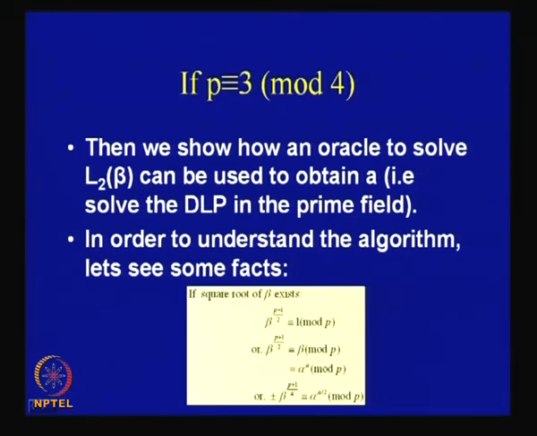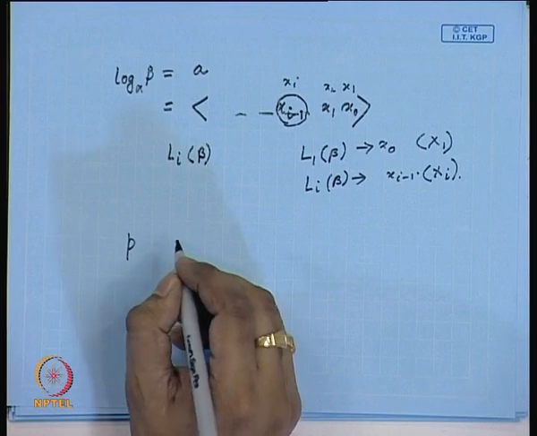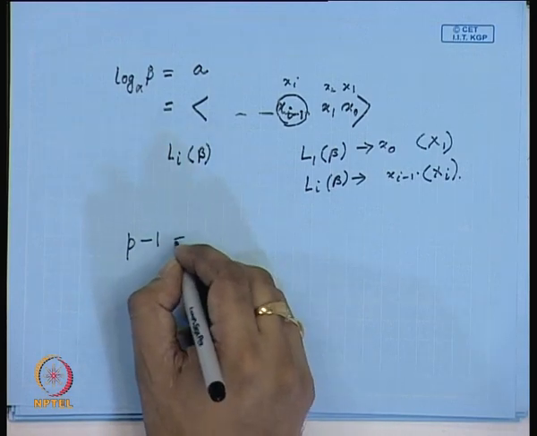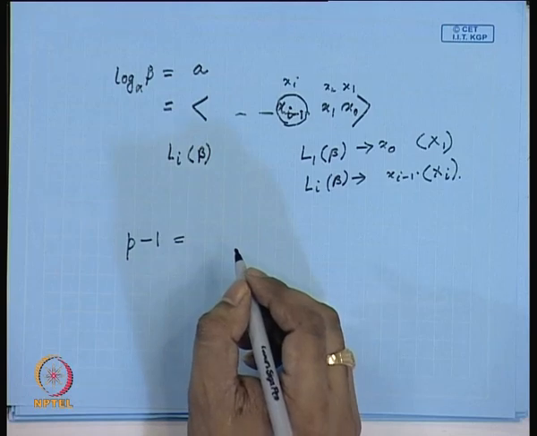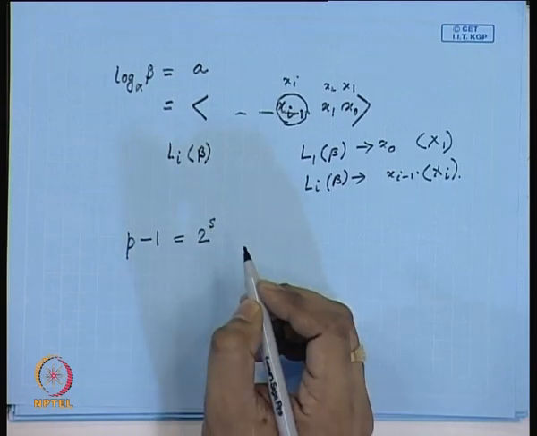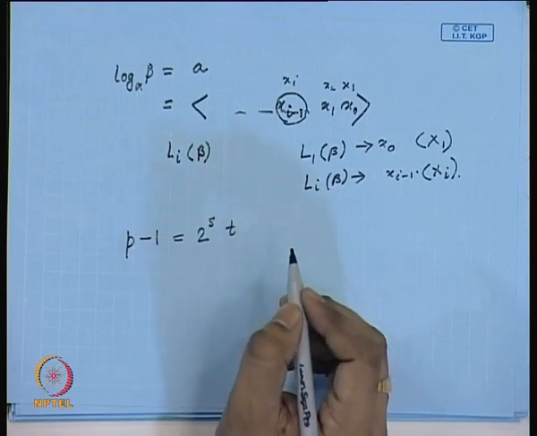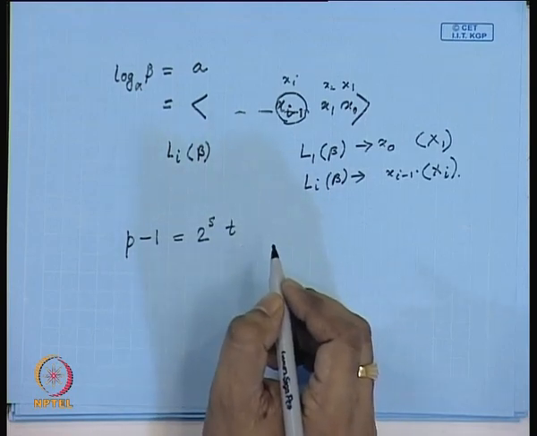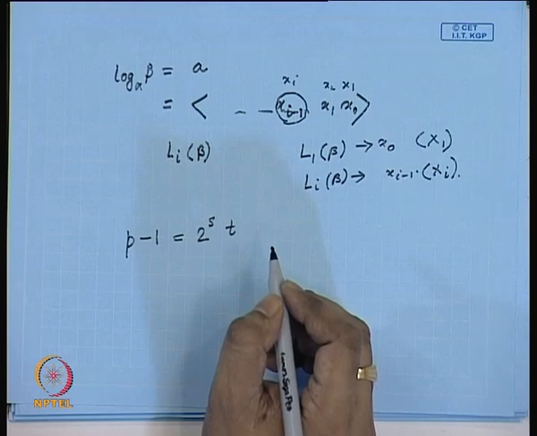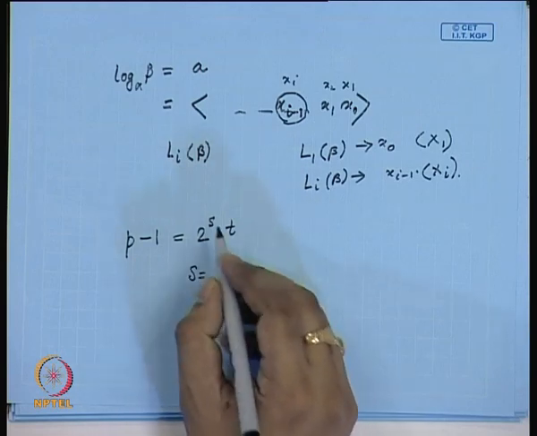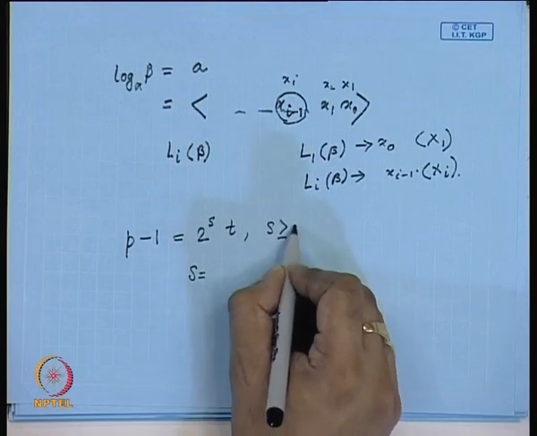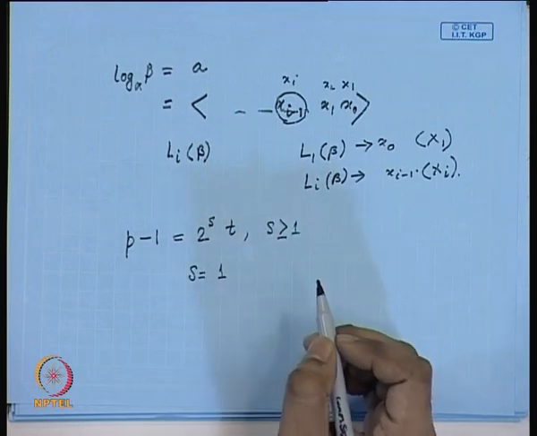Note that p minus 1 is an even value, so you can always write it as 2 to the power s multiplied by some t, where t is not a multiple of 2, that is, t is an odd value. Here s is greater than or equal to 1. So I take the minimum case, s equal to 1. Okay.